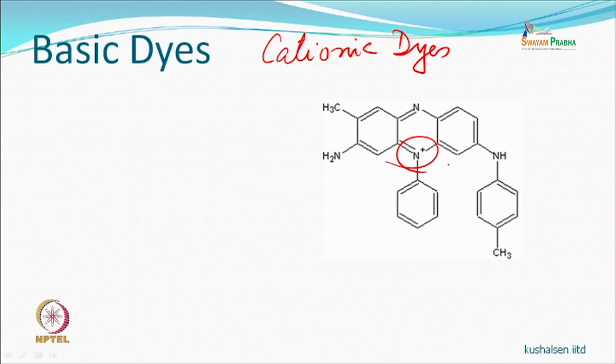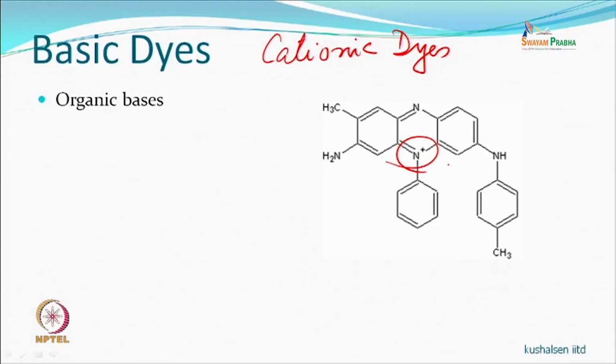Initially these dyes were used for cotton, cellulosic fabrics as well, using a different kind of mordant, but mostly they are going to be used for printing acrylic fibers or fabrics. They are called basic dyes because they are bases. The acid dyes were called acid dyes because they are acids. Because they are bases, therefore they can interact with an acid. That's an important part.